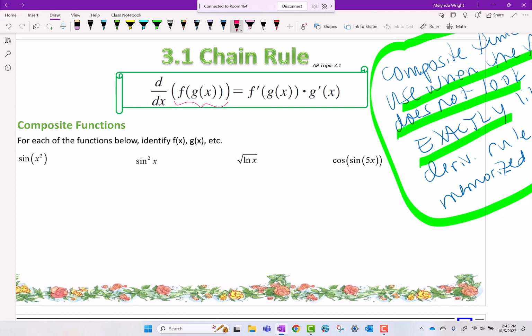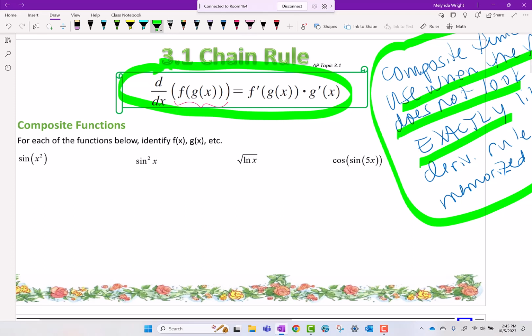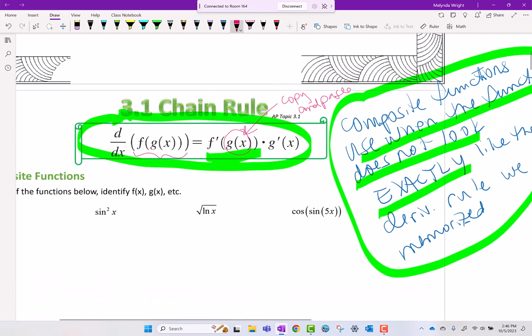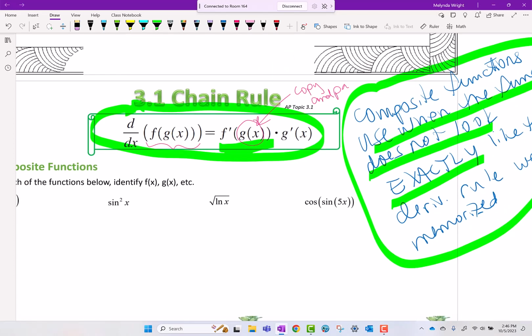And in the most simple case, this here that we're looking at right now, it just has one layer. There's just basically the outside layer and the inside layer. So when we have that, what do we do? We take the derivative of the outside layer and we copy and paste the inside.